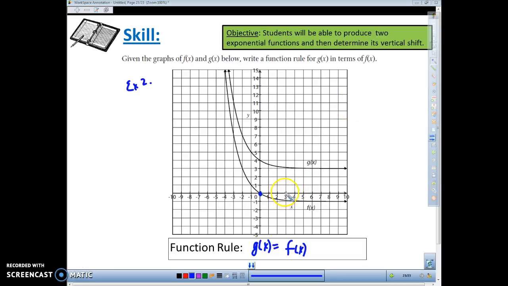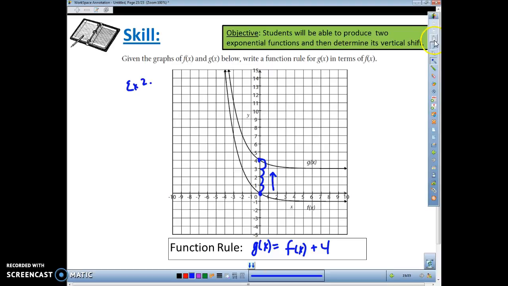In order to get from f of x to g of x, we're going to count the units from intercepts. So up 1, 2, 3, 4. So always f of x to g of x. So we went up 4 units. So g of x is equal to f of x plus 4 units up. So we write the function like that.